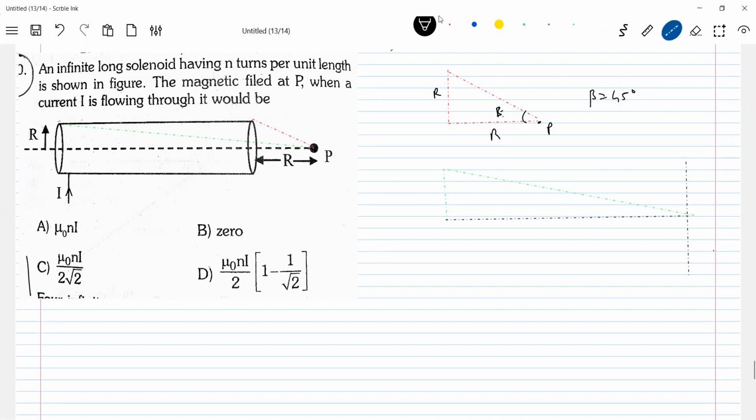So this is the point P. This is alpha here, and this was the beta. And this is R, this is the length of the solenoid. So what is alpha? Alpha tends to pi by 2. Beta will be minus pi by 4 or minus 45 degrees according to the convention.